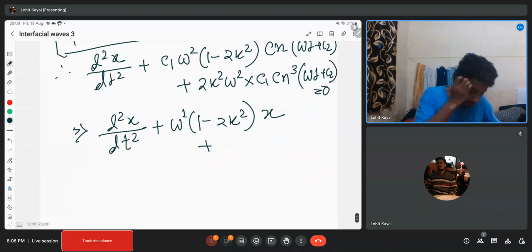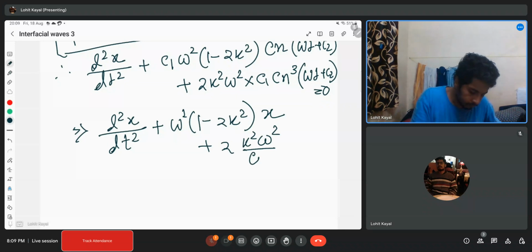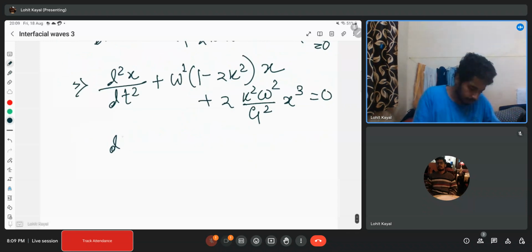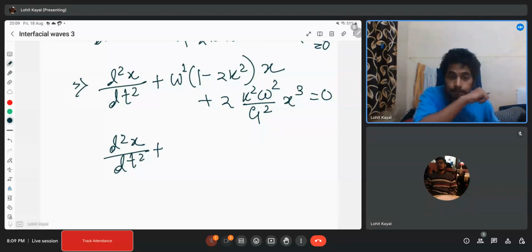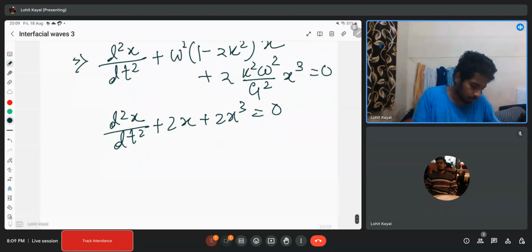So if I use this expression, I will get plus 2k² ω² by c1² x³ equal to 0. Now compare it with the expression d²x/dt² plus 2x plus 2x³ equal to 0. So what we are getting?